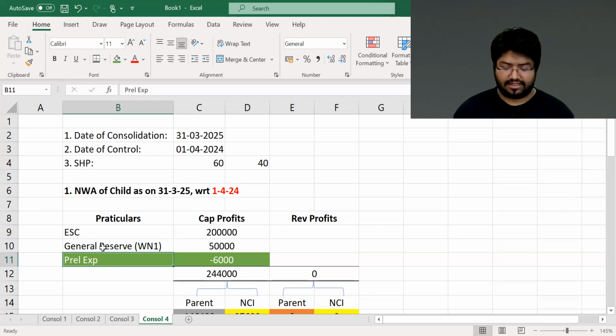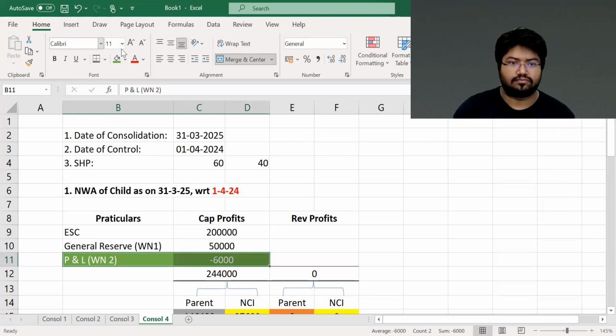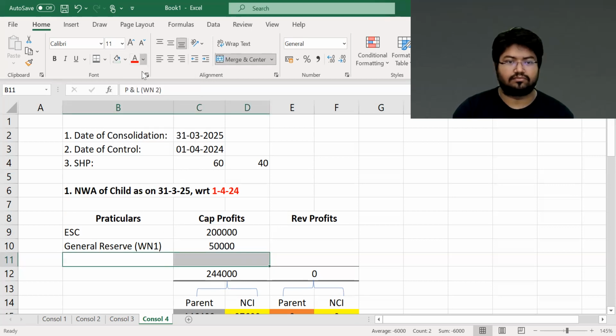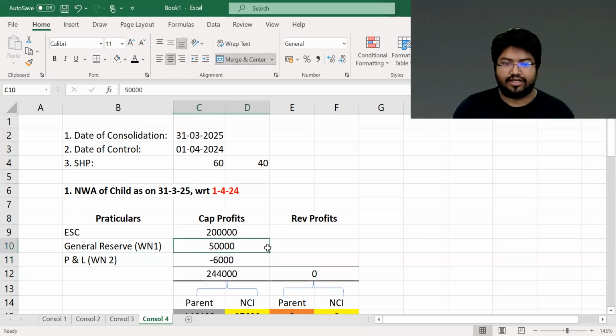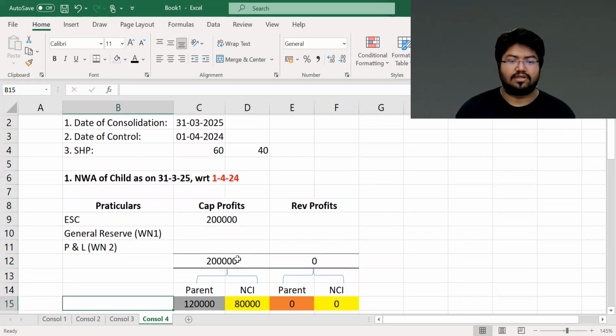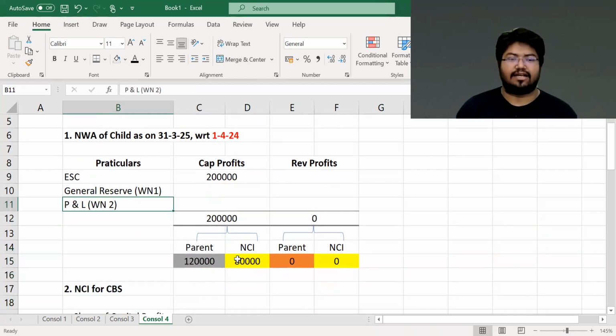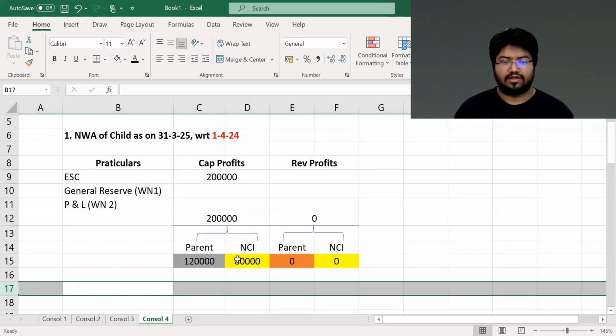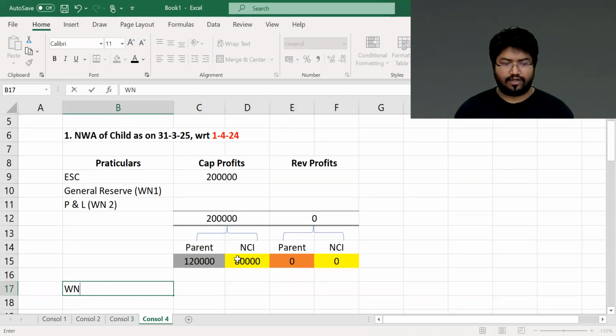After that, P&L, working note 2. So don't take anything for now here. We will do the workings and then come down. Leave some 10 line space after P&L, whatever you have written. And come down. Start with working note 1. Analysis of general reserve.